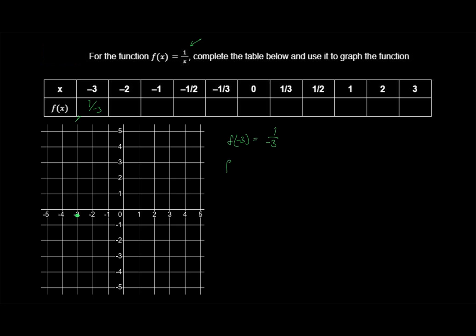If I do the same thing with f of -2, I'll have 1 over -2, which again we can't do anything with. So we have -1/2. Plot my point. This one's going to be a little bit lower than the last. Then we have -1, so f of -1. And we'll have 1 over -1, which is just -1.